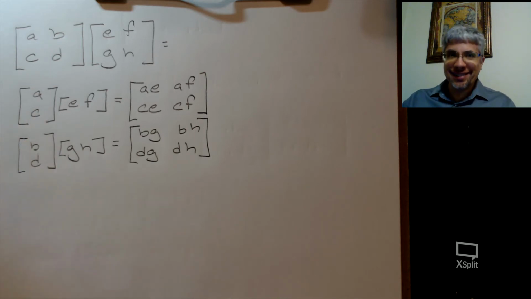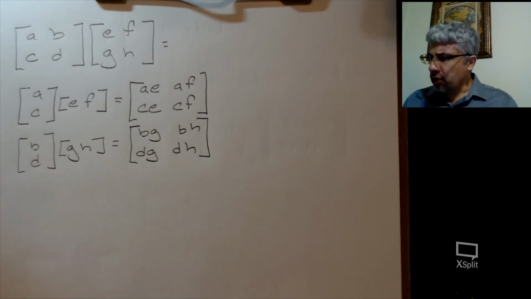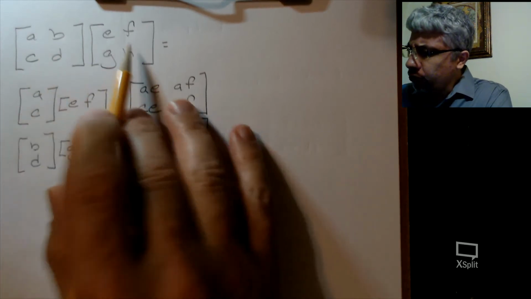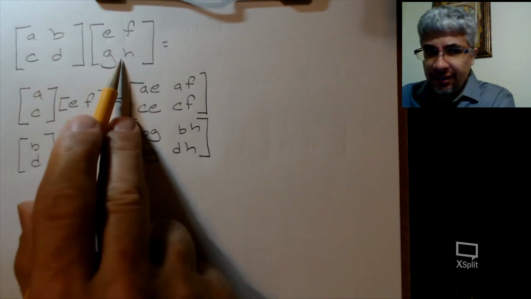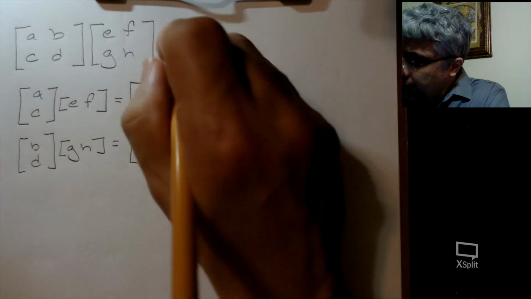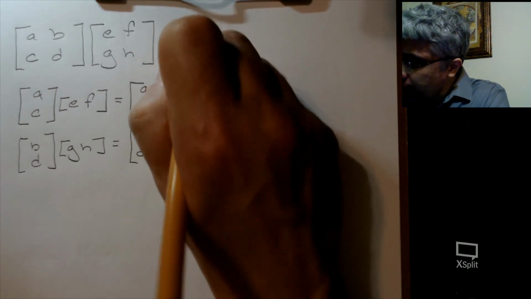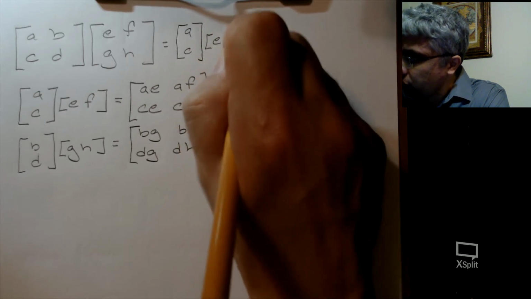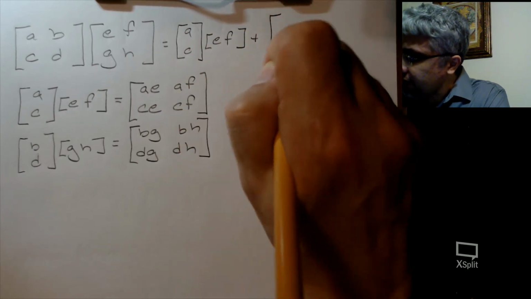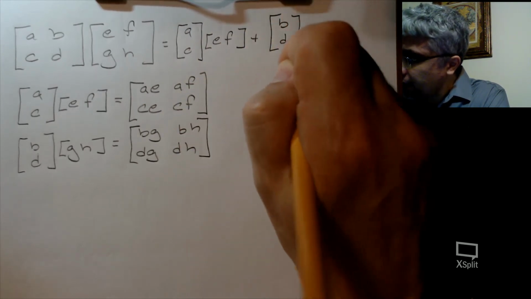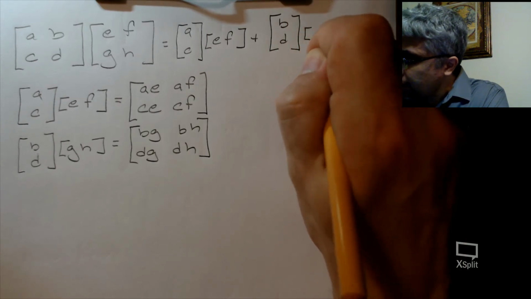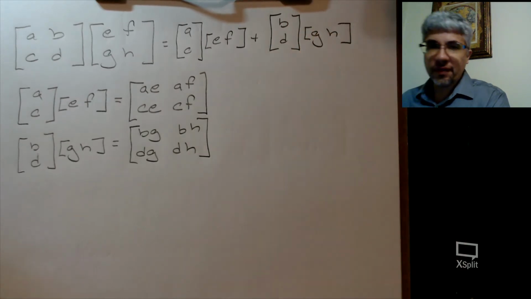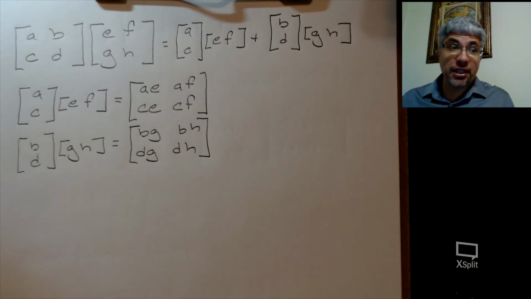I can't accidentally scan the wrong point doing this. So what I could write is: this is equal to the first column times the first row plus the second column times the second row. And this is another perfectly good way of multiplying matrices.